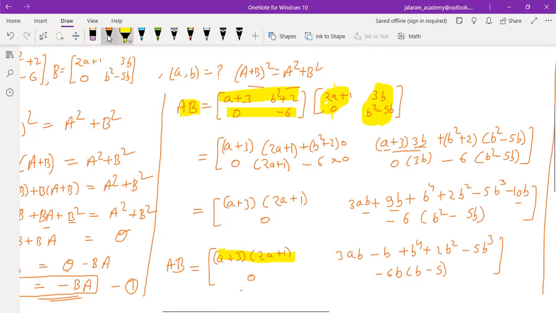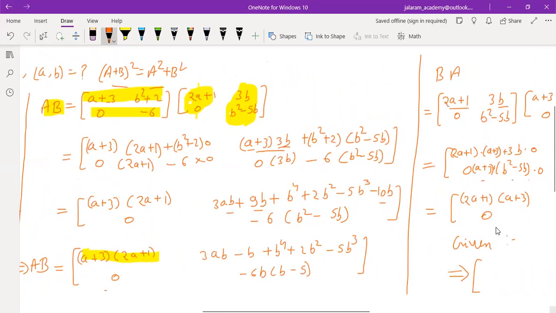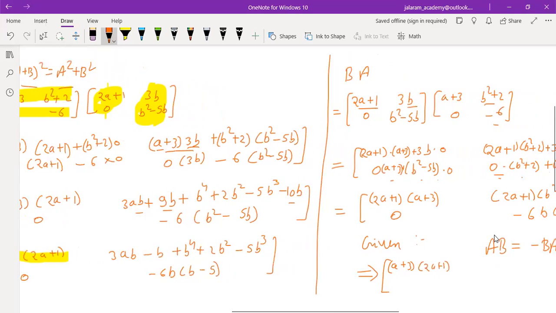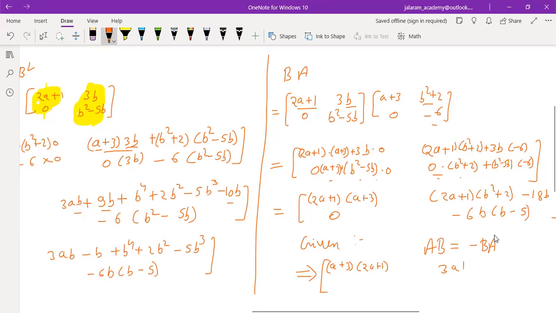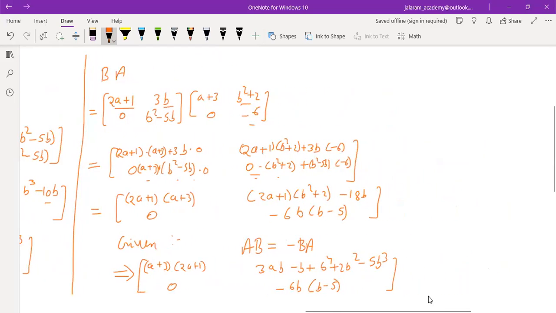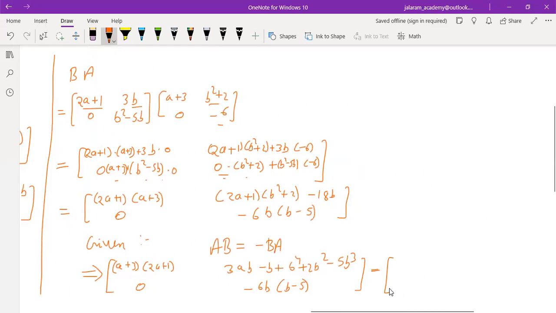Look at this, it is the continuation of this AB. So A plus 3 into 2A plus 1. Next is 3AB minus B plus B to the power 4 plus 2B square minus 5B cube, 0, minus 6B into B minus 5 equals to minus BA.